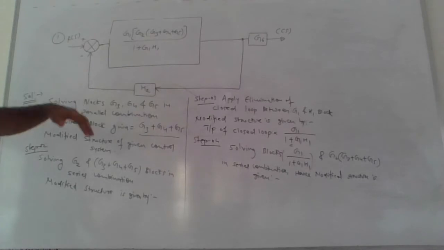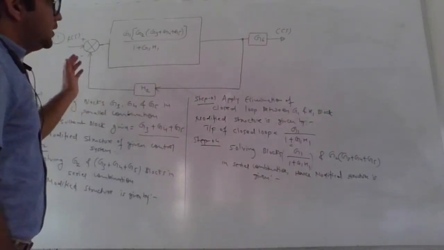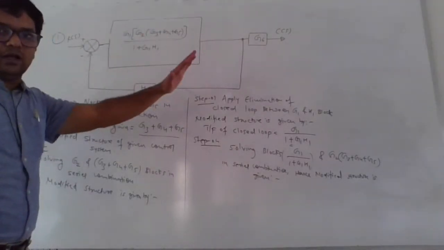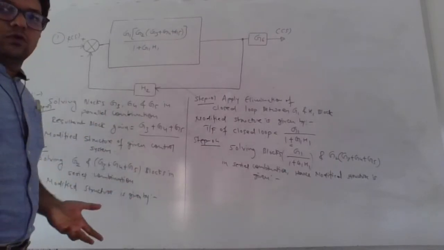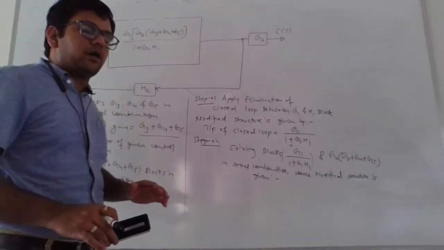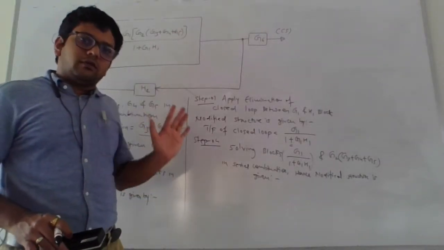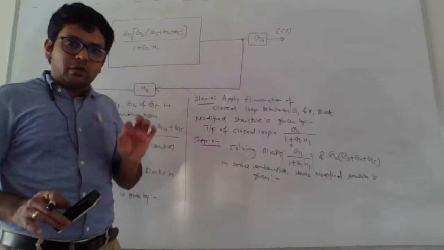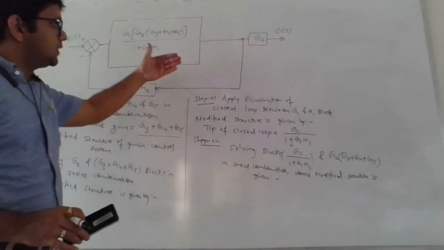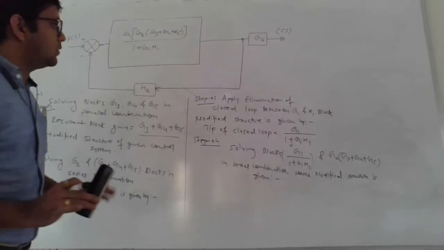Now again we need to apply the technique, whether they are in series or you can say in parallel, or we need to apply elimination of closed loop. So ultimately our objective is to find the overall transfer function of this particular system. That means we want to replace or represent this particular system by a single block only.